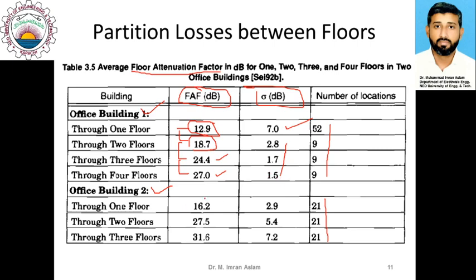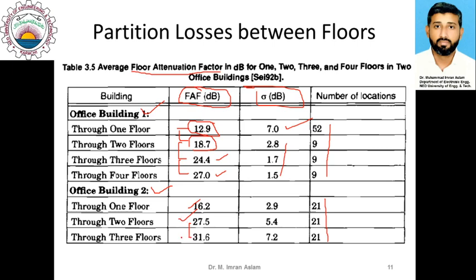But in the second case, you can see that for the first floor you have an attenuation of 16.2 dB. For two floors the attenuation was 27.5 dB. The addition was around 11 dB, and for the third floor that addition was only maybe 4 or 4.5 dB.